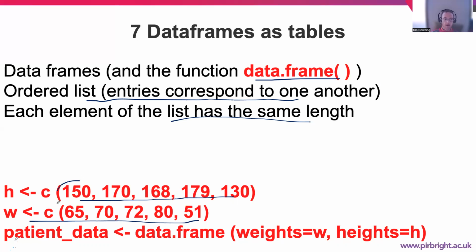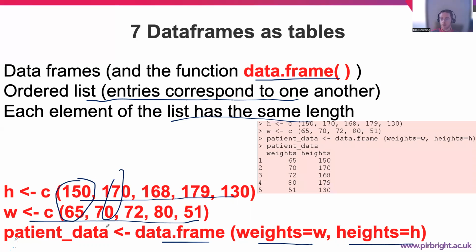If entry 1 in each of these corresponds to each other, and the same for entry 2 and 3 and so on, like a proper table, we can combine these together using the function data.frame and just say weights is equal to W and heights is equal to H. And maybe we can call that patient data. If we ask what patient data looks like, at the end, we'll see this. It's an ordered table containing the rows 1, 2, 3, 4, 5, containing the heights and weights.